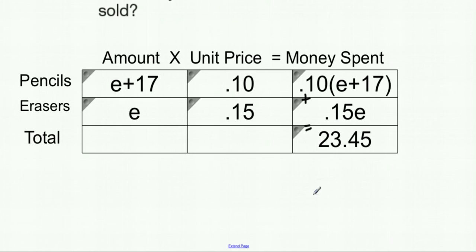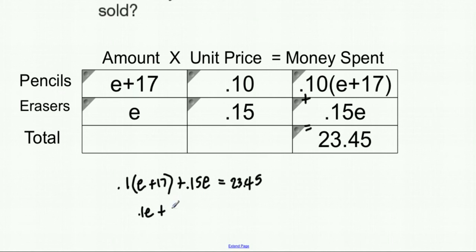Okay, and let's do that problem right now. You have now 0.1 times E plus 17 plus 0.15E equals 23.45. Let's simplify this. This is 0.1E plus 1.7 plus 0.15E equals 23.45.